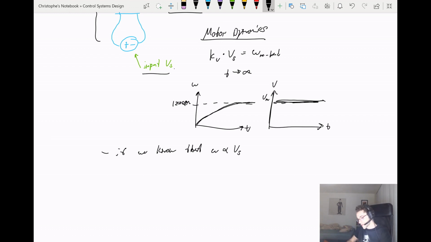So if we said instead, let's just have a really high voltage, that'll get it spinning really quickly, and then taper it off over time, we could get a much better response out of the system.